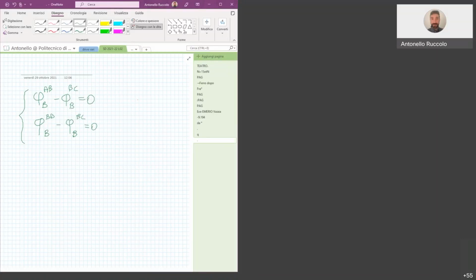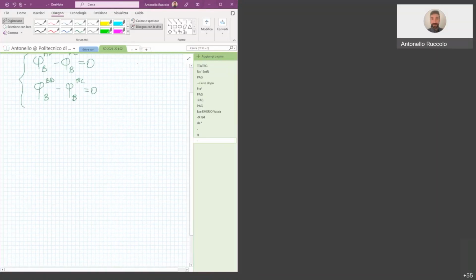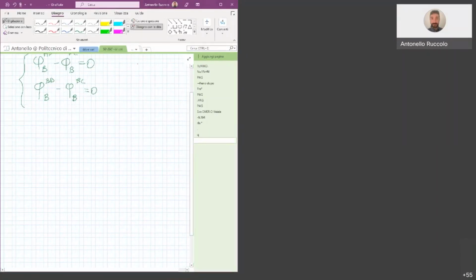So we can write, and we can do it quickly, our compatibility equations, write them in black.